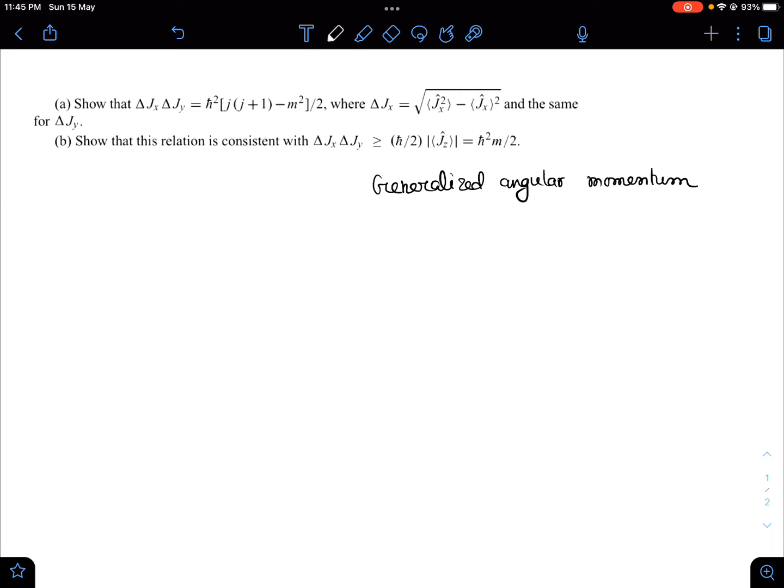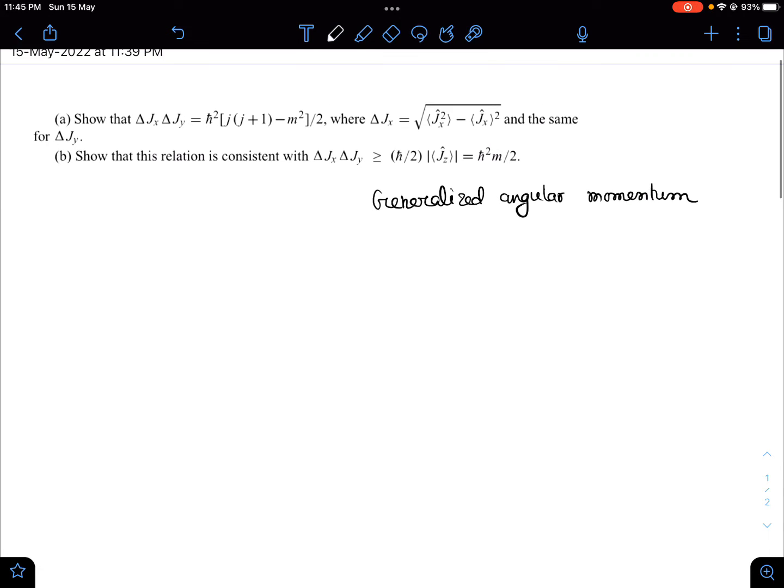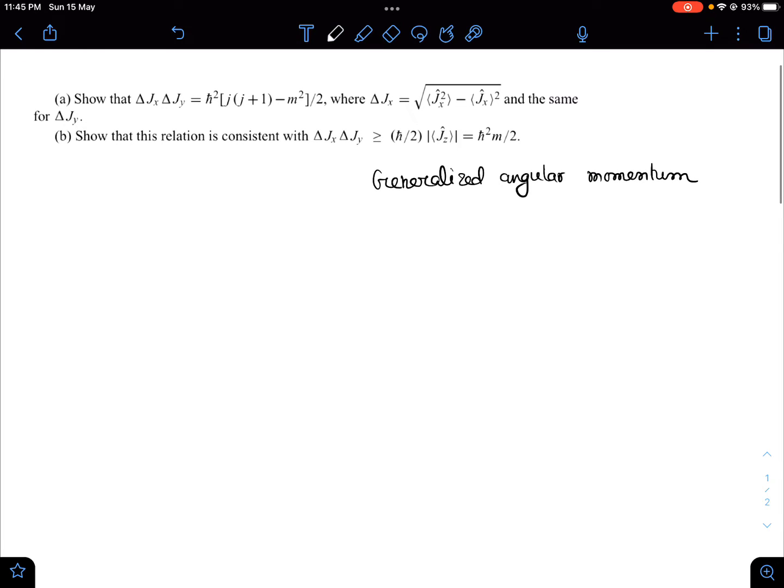So here is a problem. In this problem we have to show that the uncertainty delta J in Jx and Jy is this, and these are given by the standard formula of uncertainty of any operator. We have to show that this relation is consistent with this.